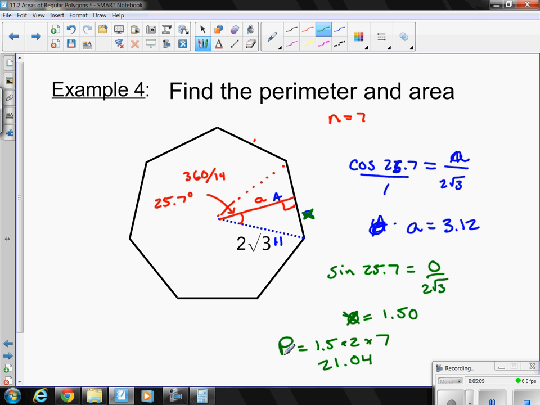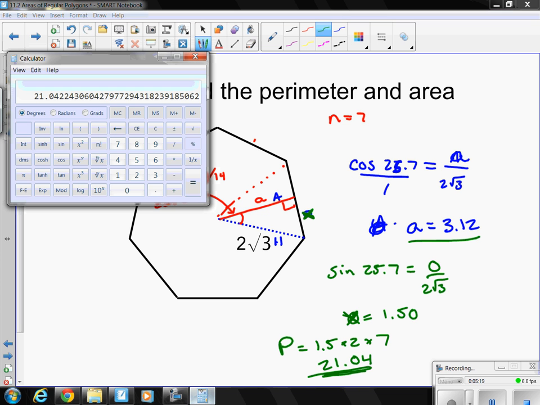And now I know my apothem, I know my perimeter. Go work finding those in case you make a mistake; I'll give you some partial credit. I'm going to take that perimeter, multiply it by 3.12 times, I want to multiply by half, so times 0.5.